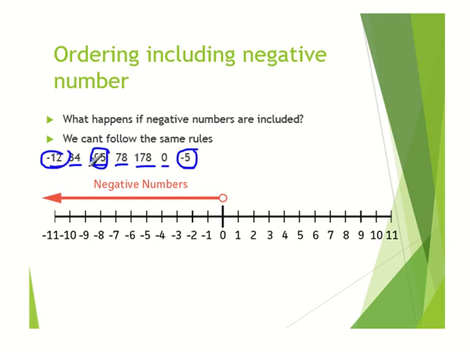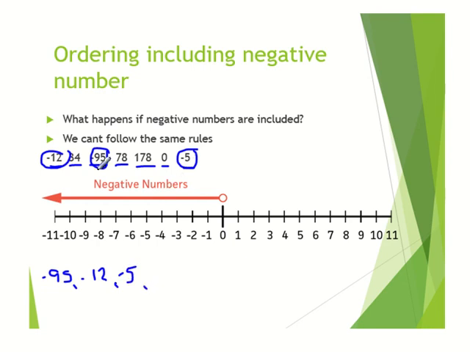So we've got -12, -95, -5. Think of that number line. -95 would all be off the screen. So that one is the lowest. Okay, then it would be -12. And then it would be -5, because remember, -5 is closer to the 0.